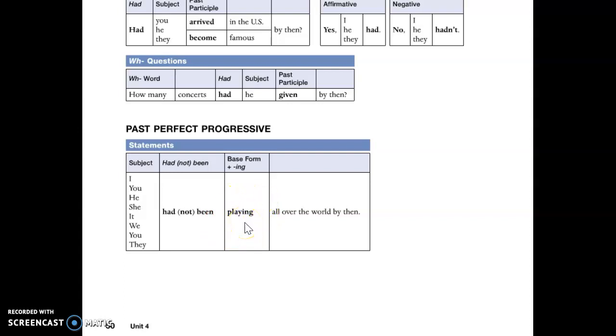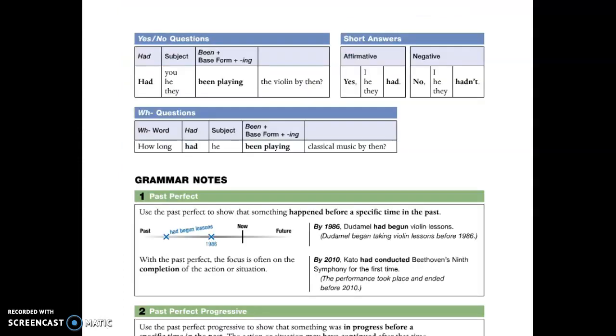Again, had is our auxiliary verb, so we can create a negative sentence by adding not to it, right? She had not been playing all over the world by then. And if you go to the next sentence, you will see that we can use had to ask yes/no questions. Had he been playing the violin by then?